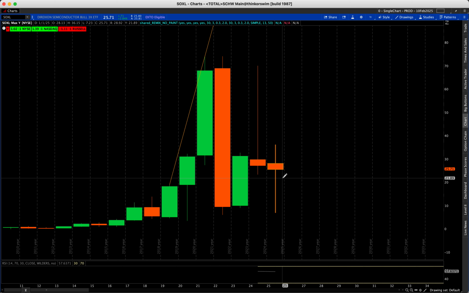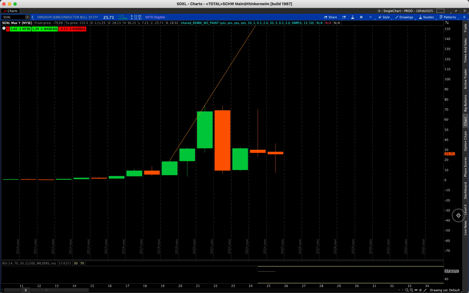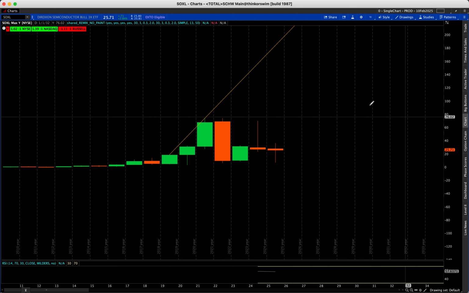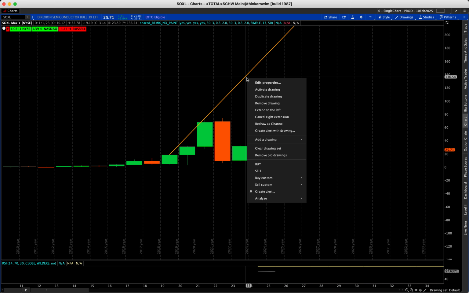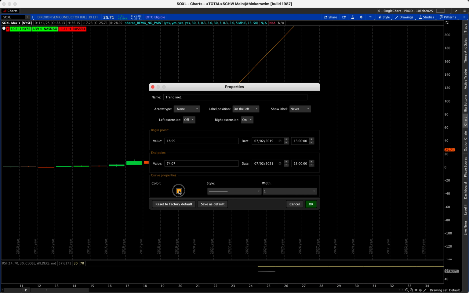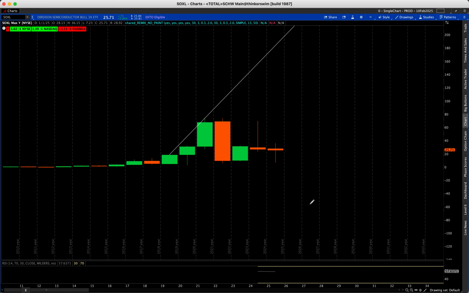But that's a huge one. It'll take years to get there, so we'll leave it out there for right now. Unless chips just explode and go berserk, it'll take a while to get there. But just for color coding sake, I do label these white. The yearly broadening formations are labeled in white.